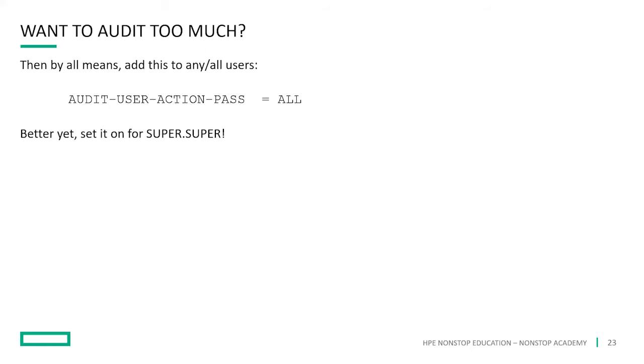If you have a sensitive user that only logs on twice a year and only does one thing, like sets keys for your ESKM or something like that, by all means, set the audit user action pass to all. If you have a service ID that only does one thing a year, by all means, set that on. If this is the user ID that talks to your HSM, turn audit user action pass on to all. Do not do this for a regular user.